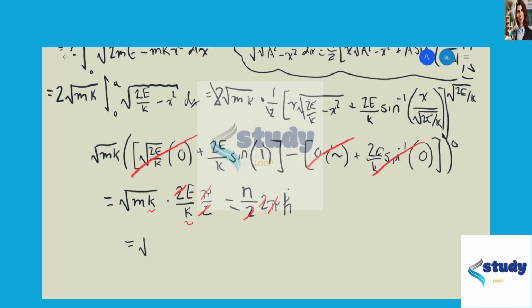That's what I'm going to do in this term. We have the square root of m. And then the square root of k divided by k is actually just the square root of k in the denominator, or 1 over the square root of k. So we'll make that 1 radical, because we'll see why in a second, times e, which is equal to n h bar. Remember, square root of m over k.